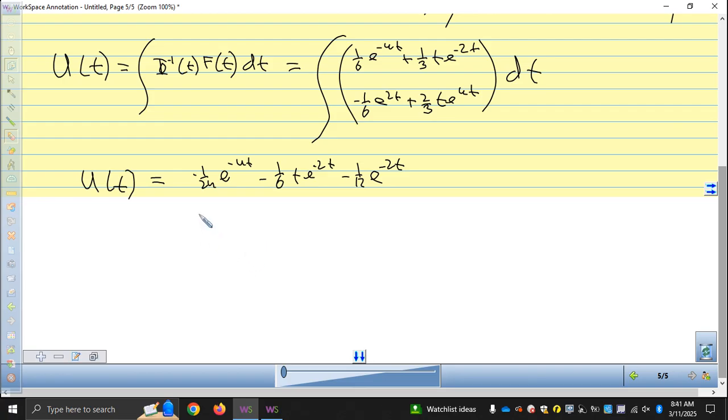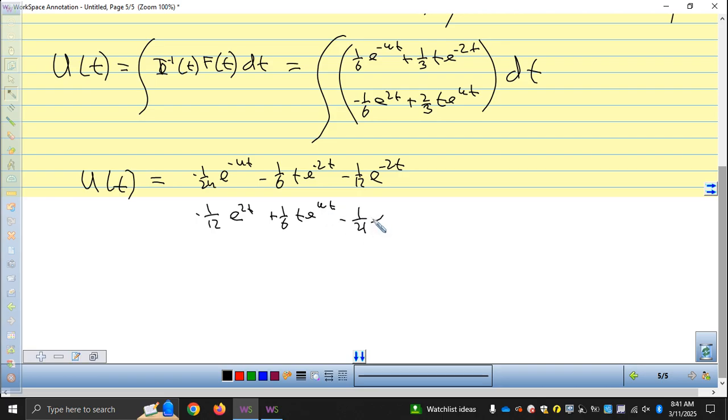For my second row, I get negative 1/12 e to the 2t plus 1/6 t e to the 4t minus 1/21 e to the 4t. Almost to our particular solution now. We have our functions that we need to multiply by the solutions to our homogeneous equations.